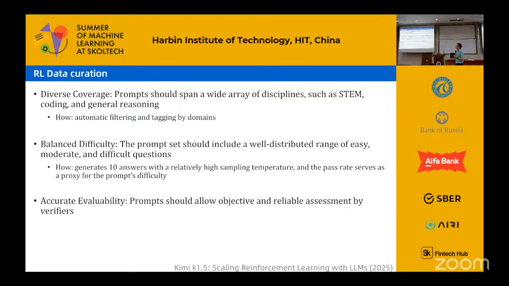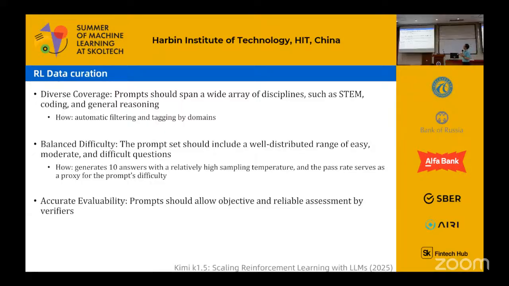In the DeepSeek R1 paper, it discusses a lot about the technical details, but it does not discuss how you should collect or curate the RL data. There is a paper that came out roughly the same day or same week from another LLM startup company in China. It discusses several principles for RL data curation.